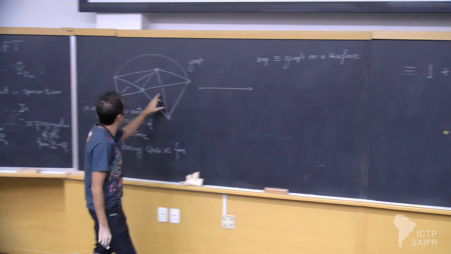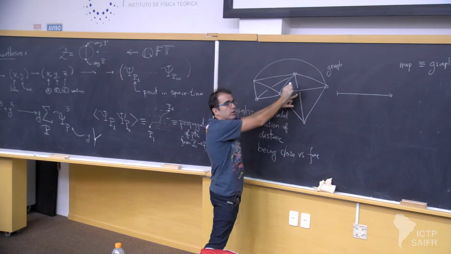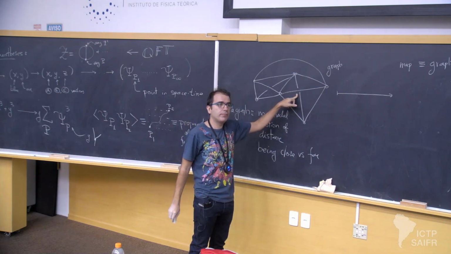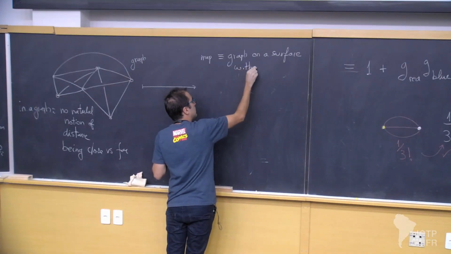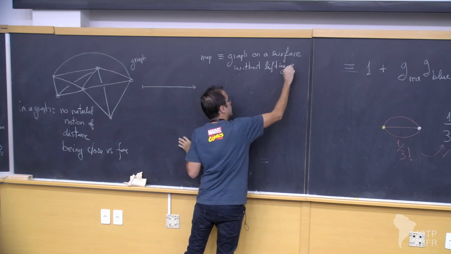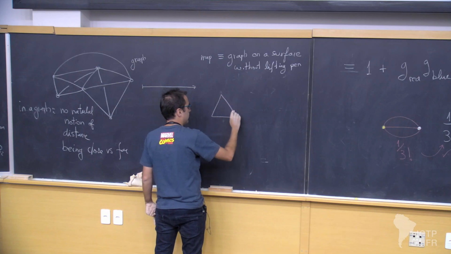I don't allow this in a graph. In a graph, the line cannot just go below. This is not being drawn on a surface. It's like you have to draw without lifting the pen. Okay? Graph on a surface without lifting the pen.